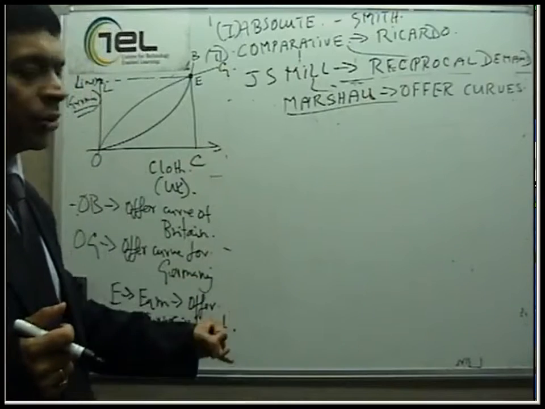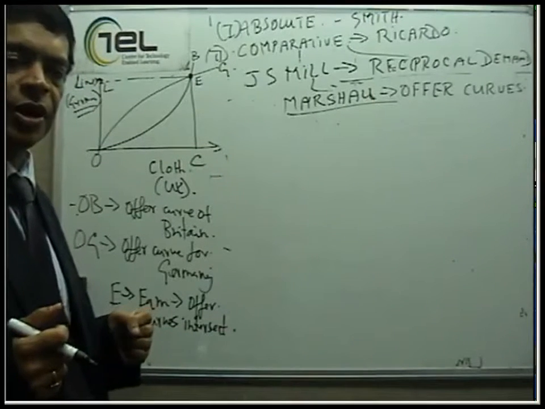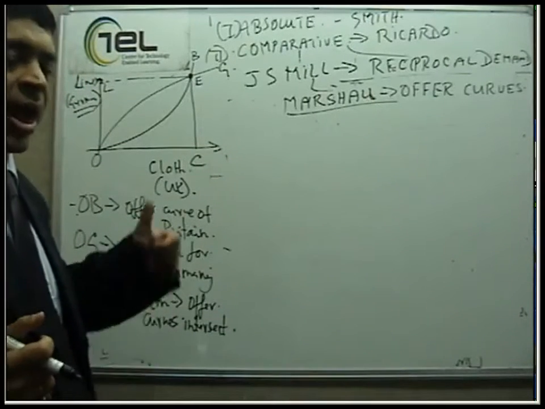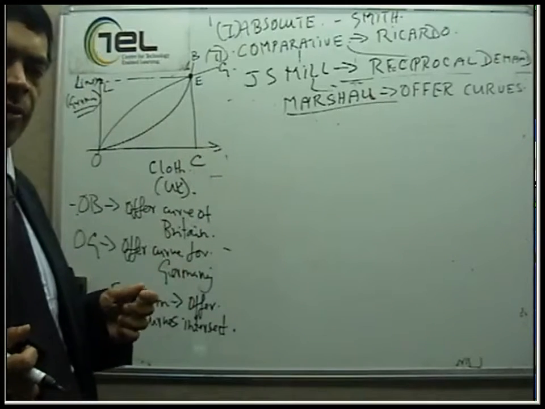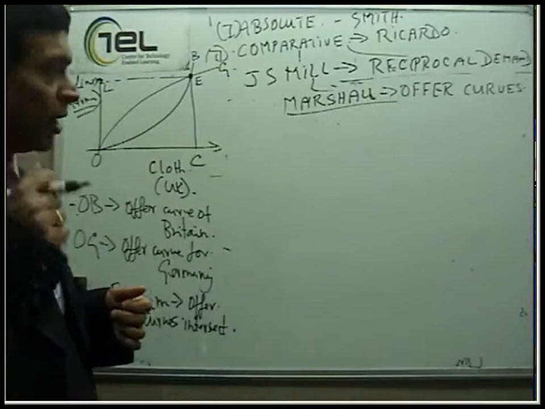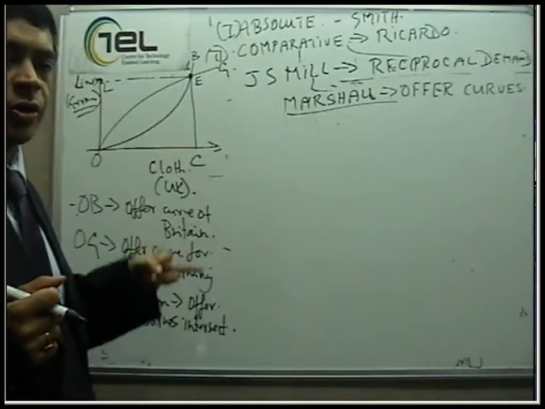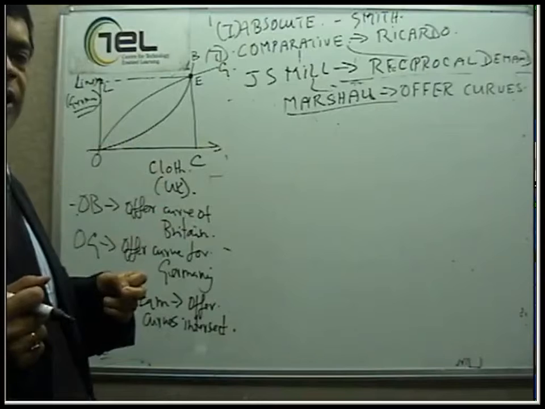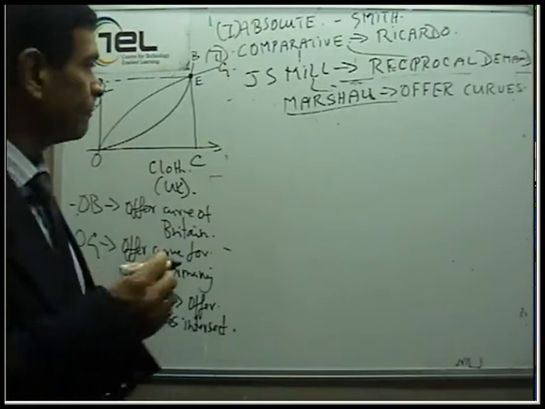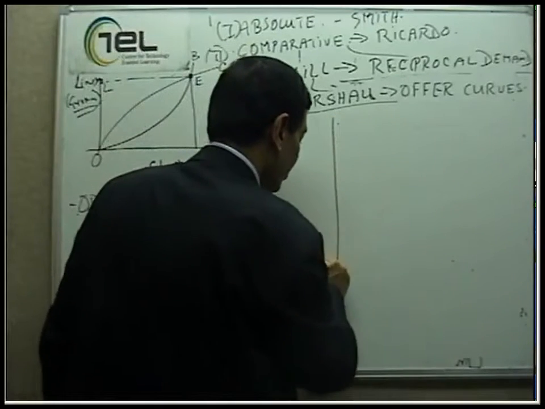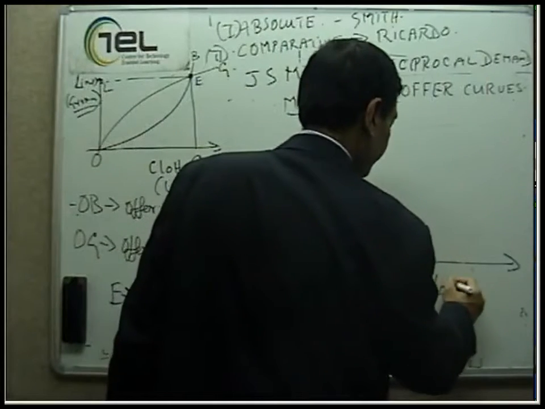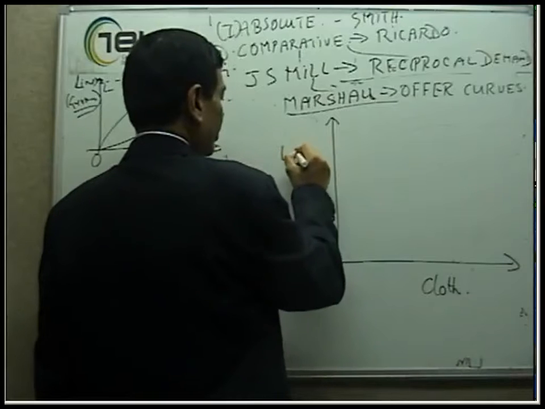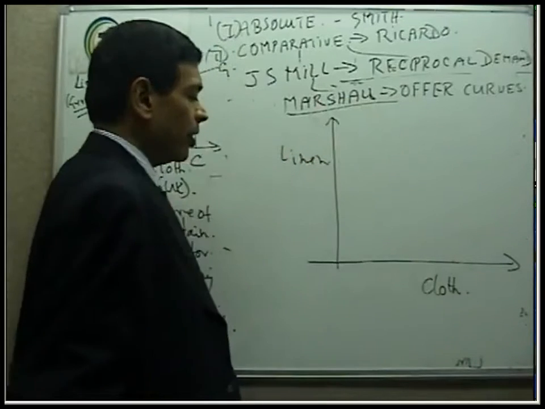Now, I've already shown three possible conditions, which show the gains from trade, and the gains from trade arise from the degree of intensity of demand. Now we will look at another final diagram to see how, using Marshall's offer curve, we decide on the gains from trade. If you are given something like this, cloth, and linen, for Germany and Britain.